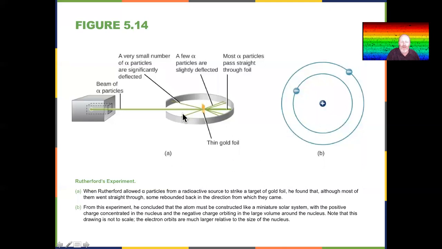Ernest Rutherford figured out as he was beaming particles through that there's a lot of empty space here. Sometimes it can just go right through and not hit anything. Sometimes it's going to hit the middle, sometimes it's going to hit one of the electrons, but there's a lot of empty space in here.